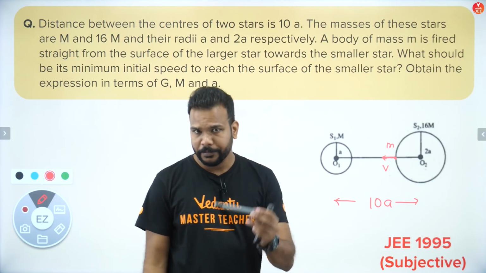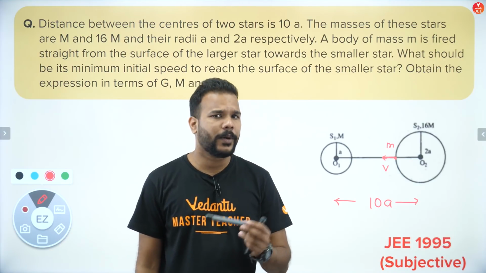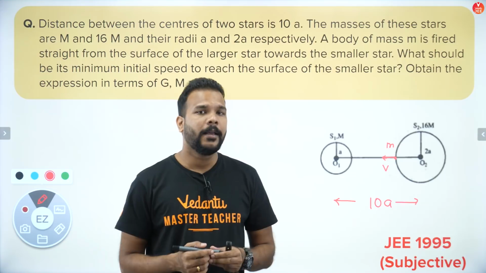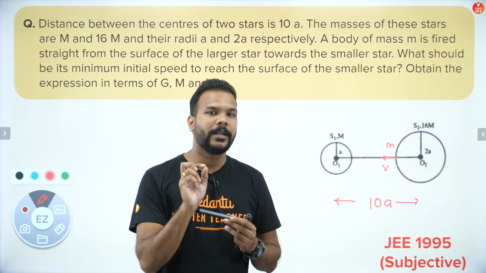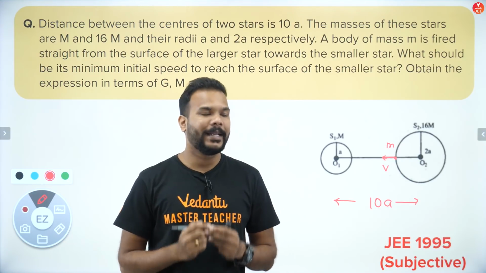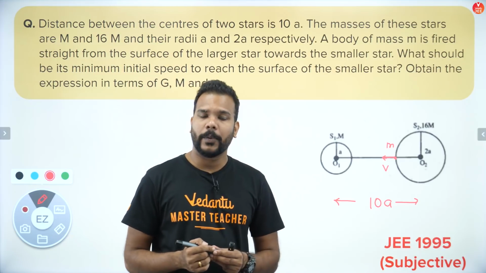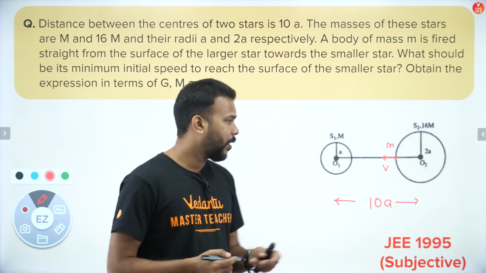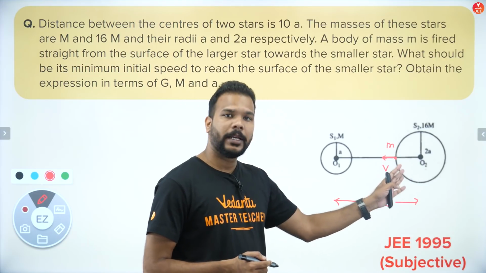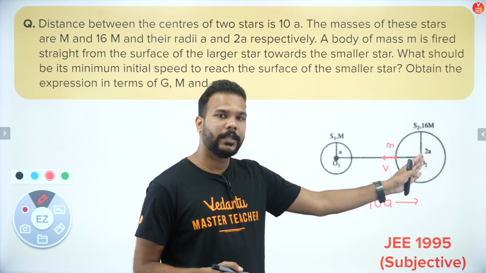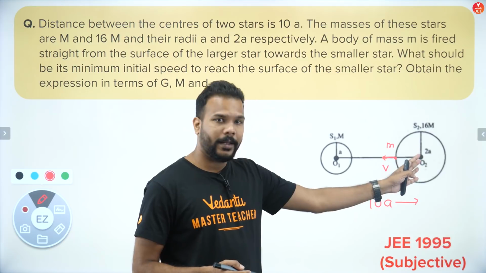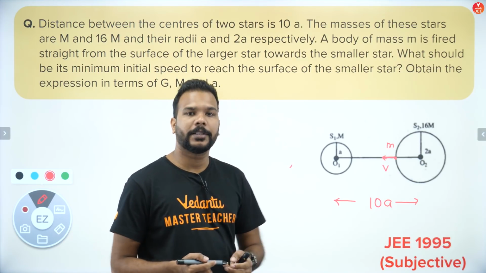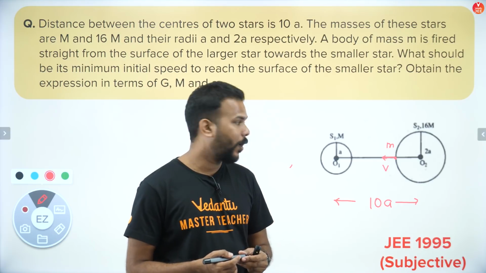I know that on first appearance, this question seems very easily doable. I'm not saying it is very challenging, but it is at a point tricky. Why is it tricky? Because if you consider solving the question by the law of conservation of energy, you will directly write down the initial energy of this mass along with star S1, or S2, and then try to equate it with the energy of the mass along with the other star.